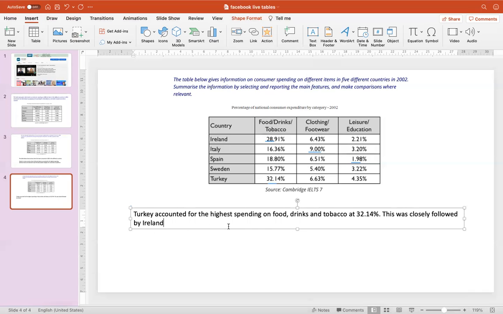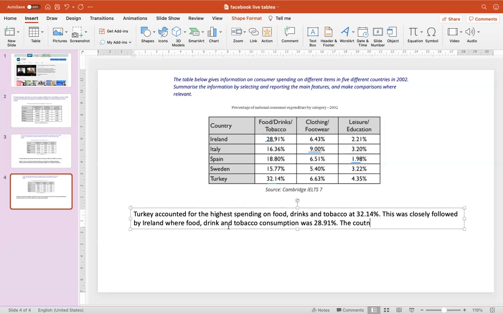So this was closely followed by Ireland, where food, drink, and tobacco consumption was 28.91%. Fine. Okay, so then we talk about the highest.